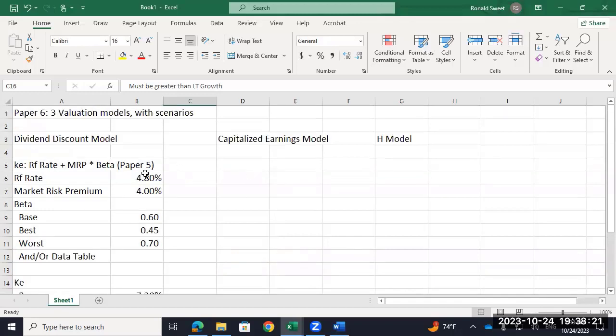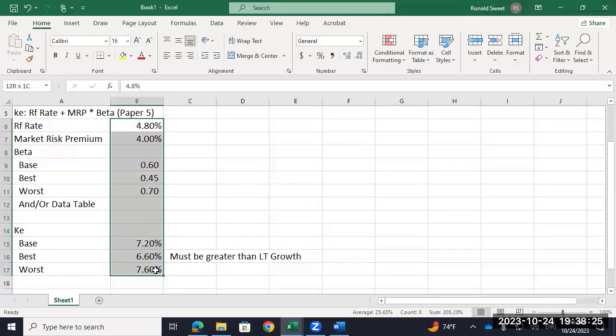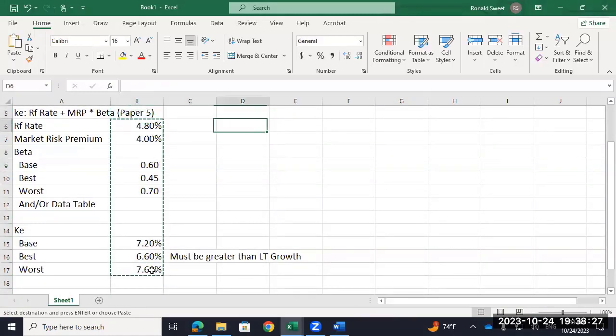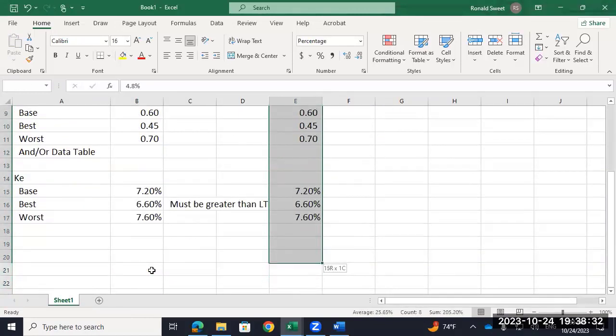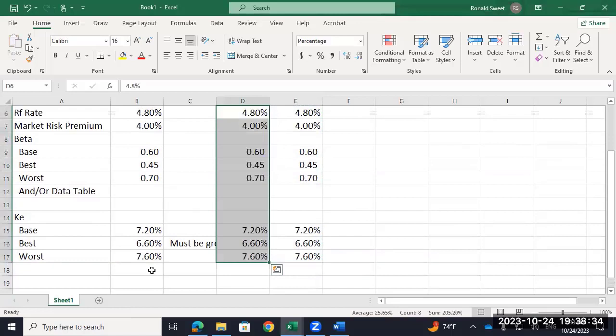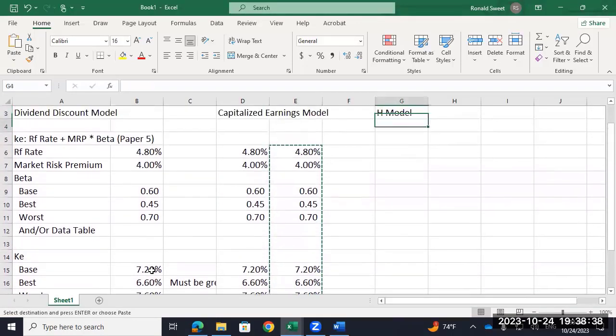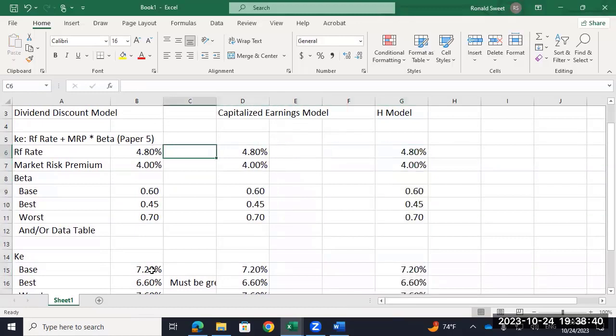So this you're going to use with all the scenarios. You don't need different assumptions. Your discount rate is going to be the same for all three, so you don't necessarily have to do it like I did there.